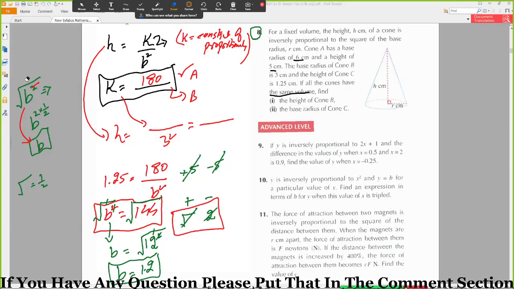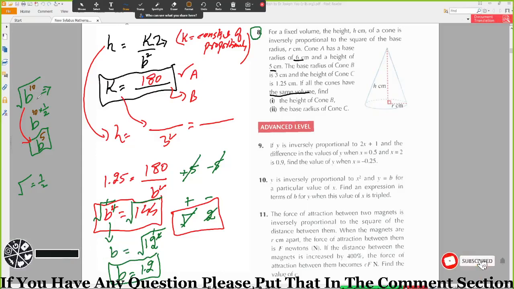If this is b to the power of 10, then the answer will be b to the power of 5. So if you have an even power and you need to take the square root of that specific number, then what you have to do is just halve it.